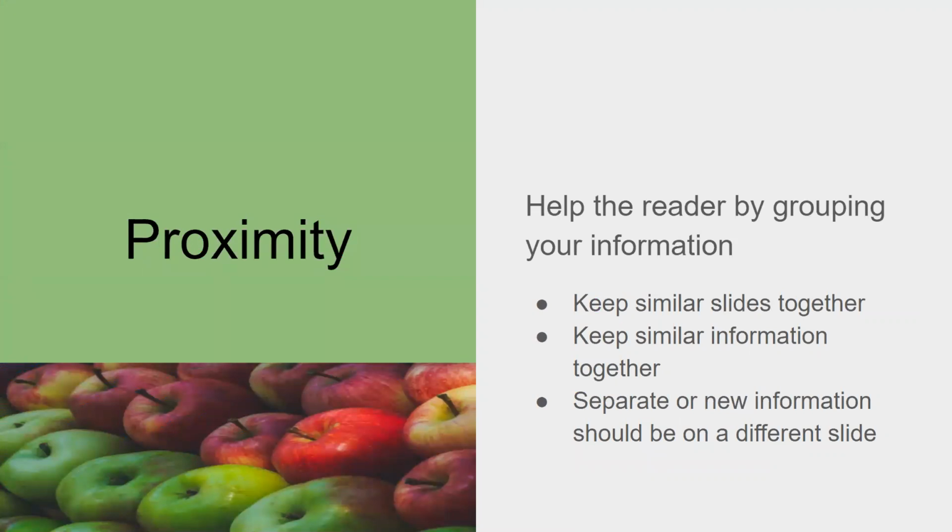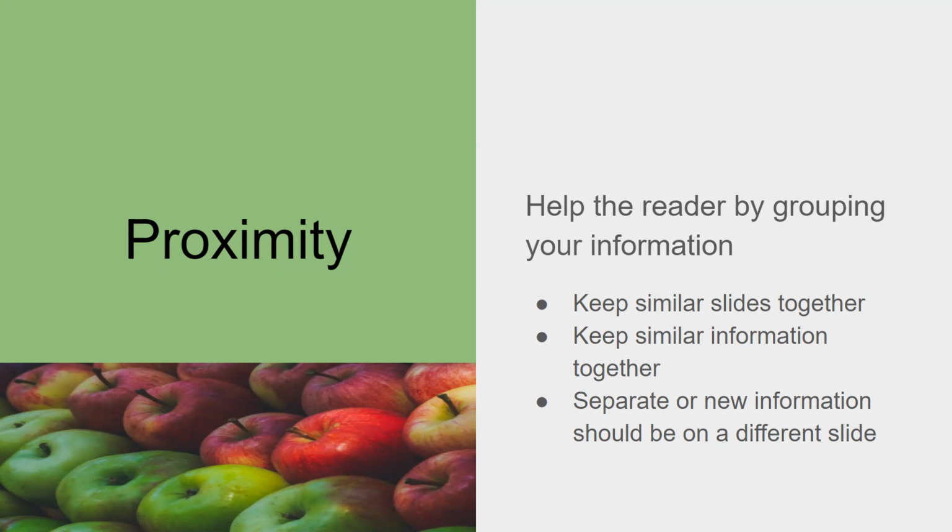Proximity is something that is a little bit tricky to use, but what we're talking about is grouping information that belongs together. When you're talking about one type of energy from this presentation, all those slides ought to be together. You can do this in different ways.